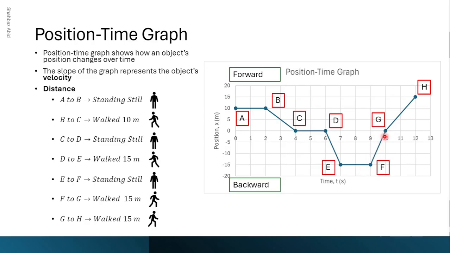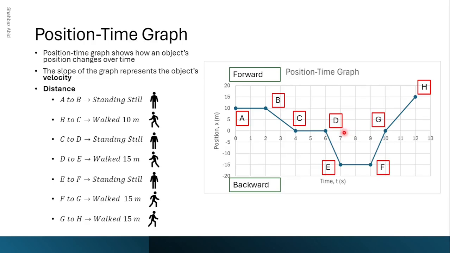So in this case, I'm moving forward. So I have traveled starting from x equals negative 15 to x equals 0, and eventually from G to H I have moved forward because the slope is positive.